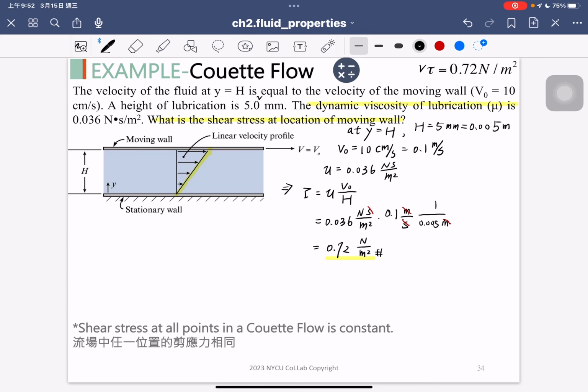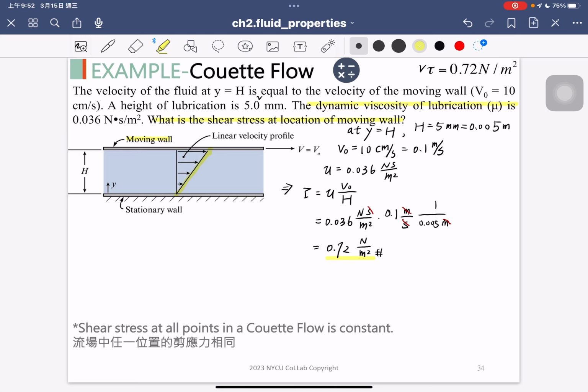Okay, so when you consider a different material, if we want to have a higher speed of velocity for the moving wall, how can we change it?